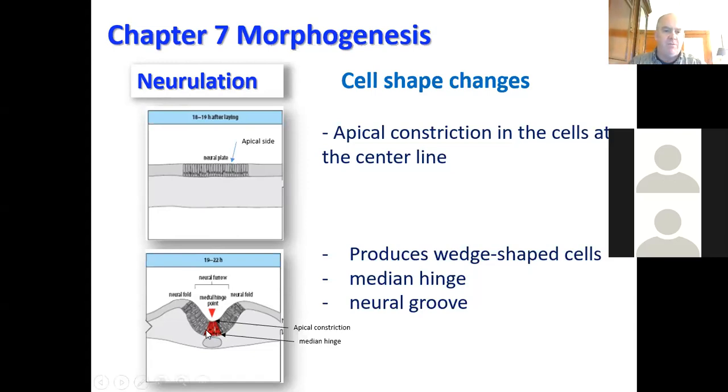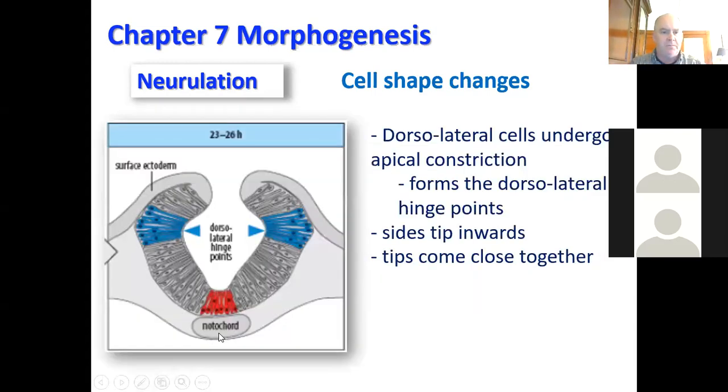So that forms a wedge-shaped cell. And that wedge-shaped cell then brings the sides up. And then as the sides come up, you get a second shape change here, the dorsolateral hinge, and that brings the sides together. So you've got the first hinge bringing them up, the second hinge bringing them together.